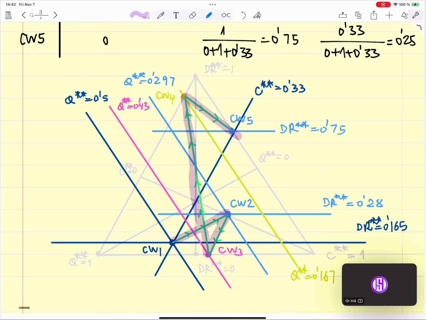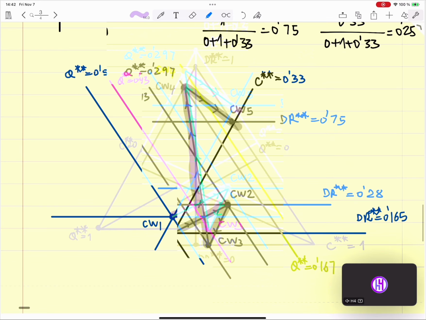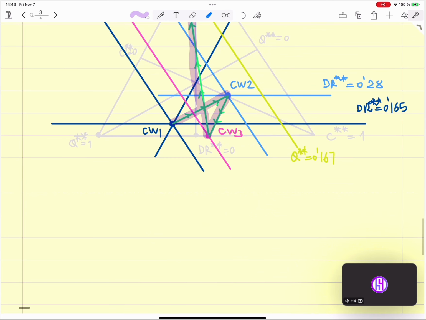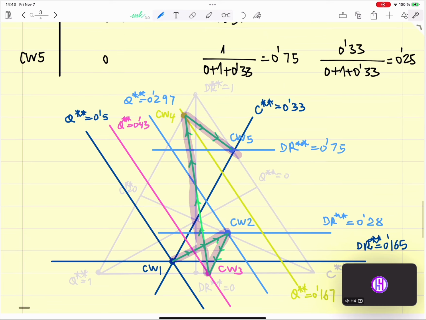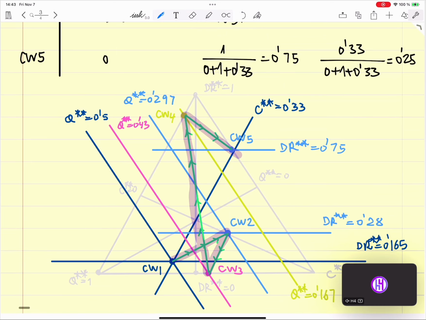So we have represented now the dynamics of the organization, the temporal dynamics. Any questions? No. Okay.